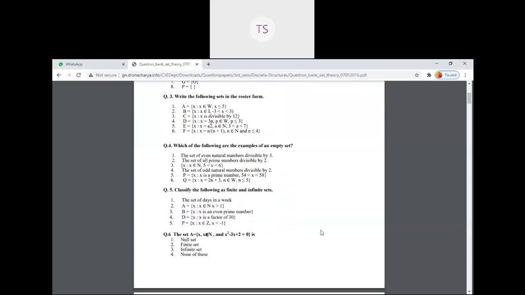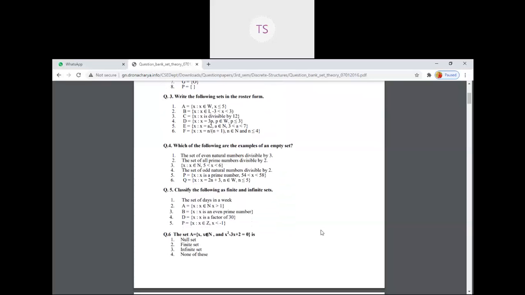A set which does not contain any element is called an empty set. Yes, very good.